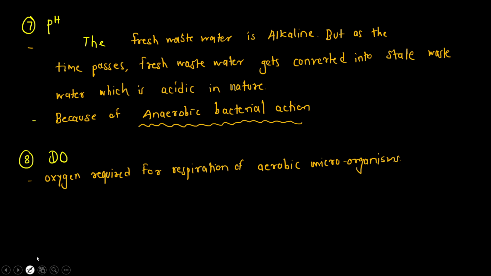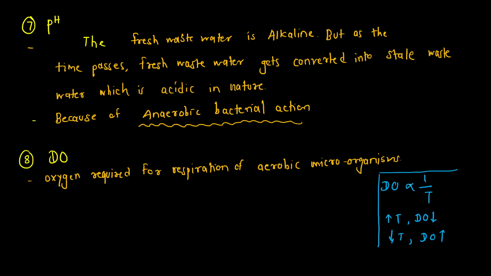What is the relation of DO with temperature? This we have seen. DO is inversely proportional to temperature. That means if temperature increases, DO value decreases. If temperature decreases, DO value increases. This is already covered in water supply engineering.